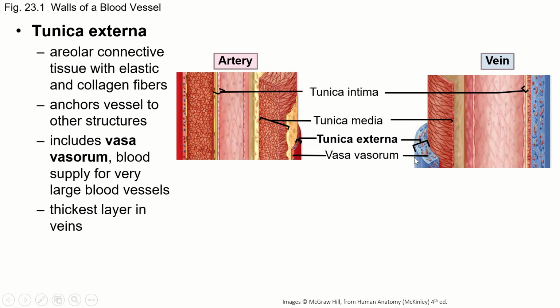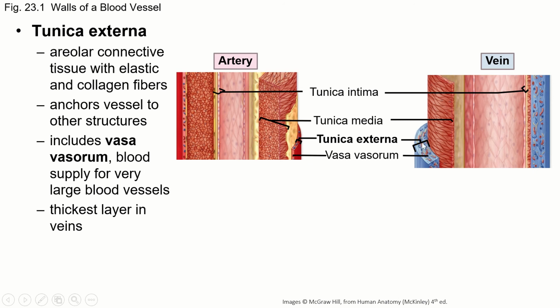Notice that in veins, especially in larger veins, we're going to have this layer called the vasa vasorum, which is a blood supply for larger blood vessels. Now, the larger arteries also have a vasa vasorum, especially to provide blood supply to the smooth muscle in the tunica media.